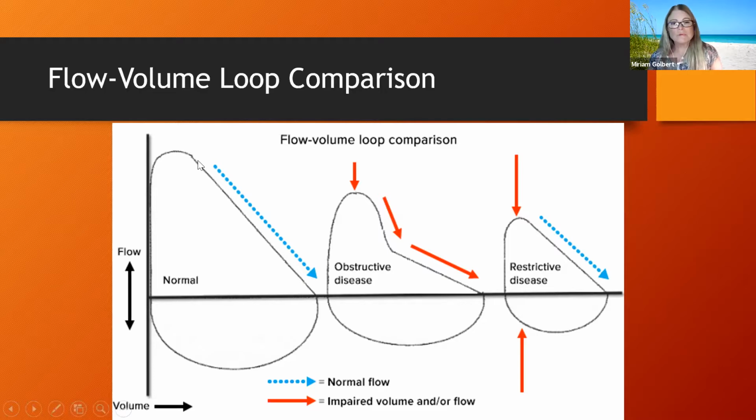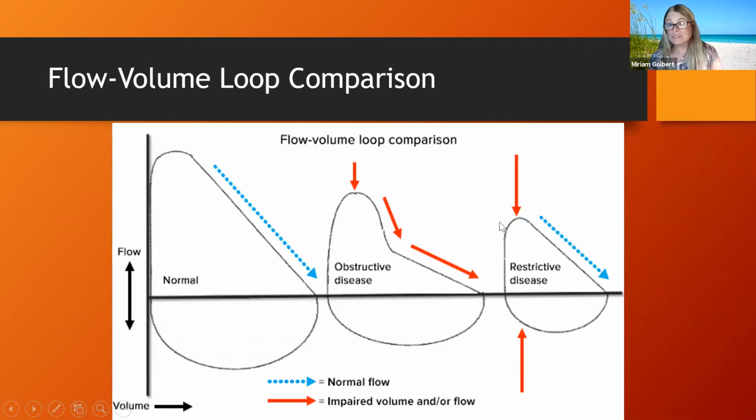So this will be normal when you have this flow coming down like that, the normal flow of that exhalation. If you have an obstructive disease, look what happens. You have some pressure here and the flow is impaired. It's almost like breaking up. So you cannot really exhale all at once.